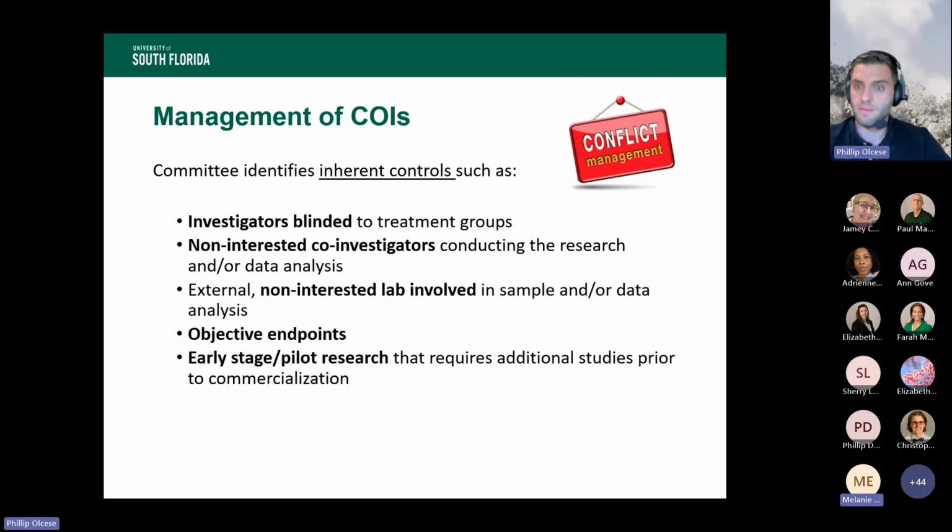The investigators may be blinded, non-interested co-investigators conducting the research and/or data analysis, external or non-interested lab involvement, objective endpoints, and early-stage pilot research that requires additional studies prior to commercialization.